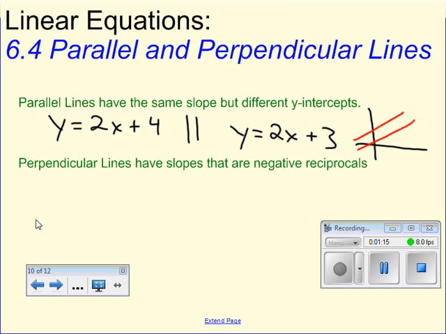Perpendicular lines are lines that intersect each other at a 90-degree angle. And they have slopes that are the negative reciprocals of each other.